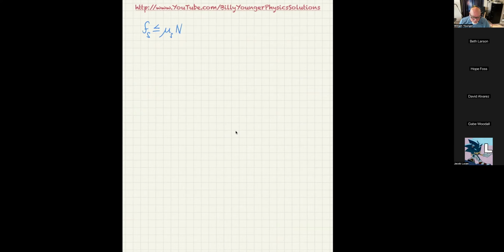So in other words, as long as the force that you're applying with your finger is smaller than the static coefficient of friction times the normal force, then the friction force will be big enough, and it keeps it from moving. And when you increase that force a little bit more, if it's still less than mu sub s times the normal force, then it's still up to the task and it keeps it from moving.